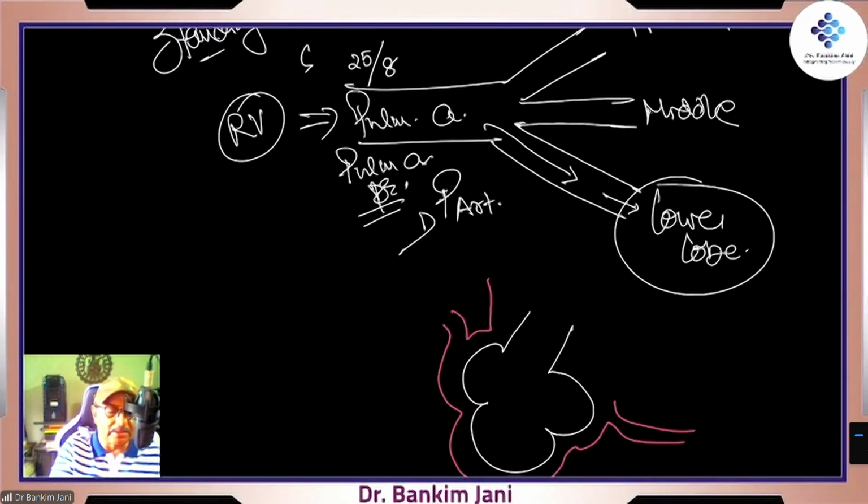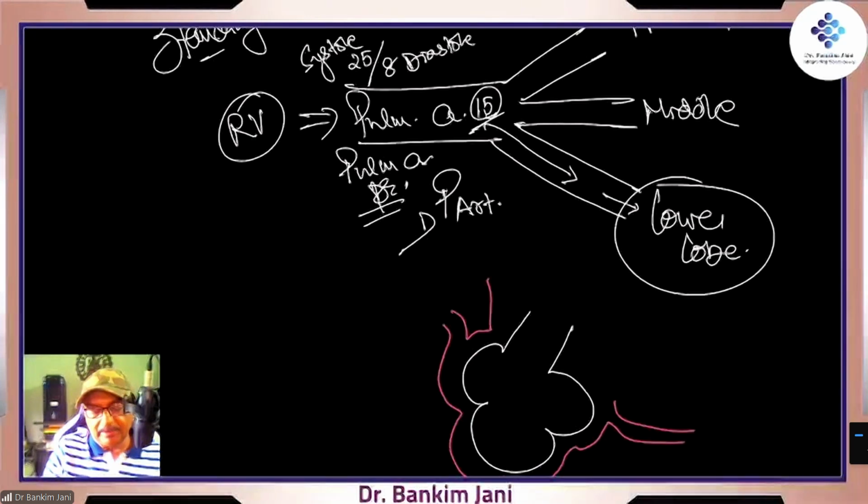That is, in systole it was 25, and diastole 8 mm. So when they divide, can we really take the mean, the way we were taking the mean? It will come to about 50. This is the mean arterial pressure. So we come to 50.